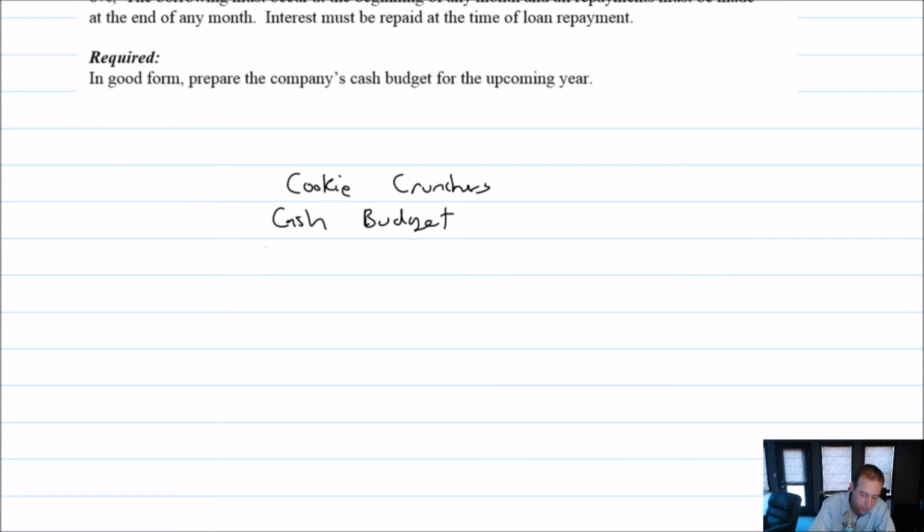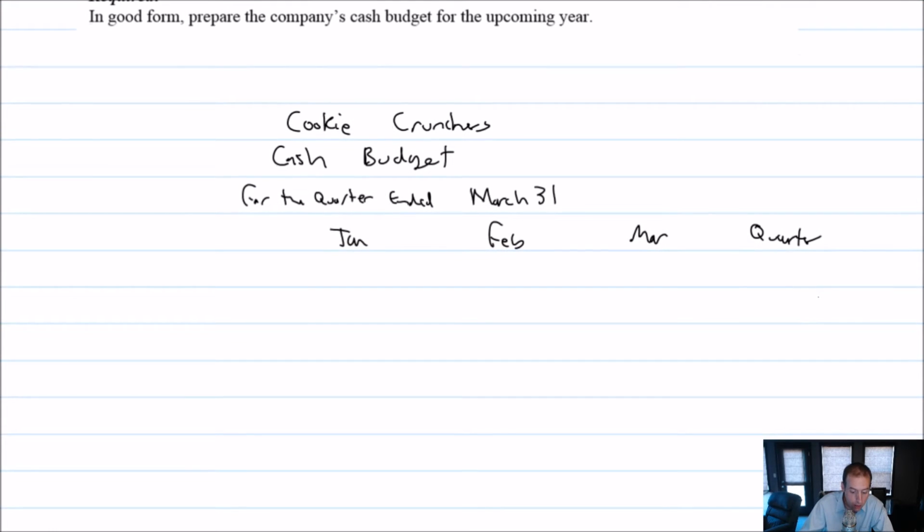And this is for the quarter ended March the 31st. 31 days in March, I should know that. So we've got January, February, March, and of course the quarter to worry about. So our starting point for this budget is just cash balance at the beginning of the month.